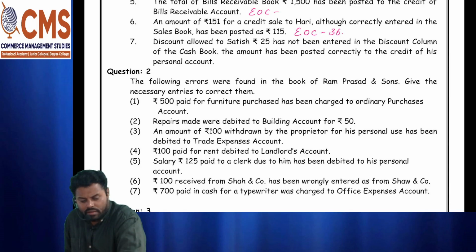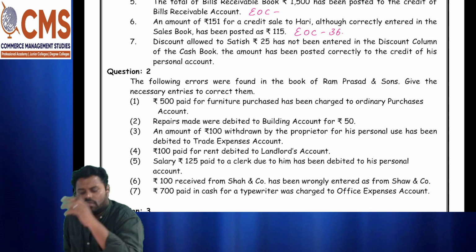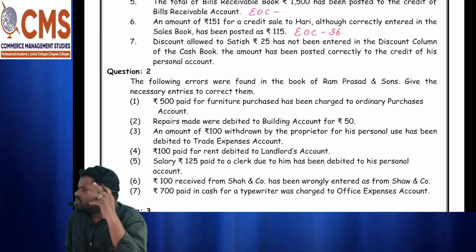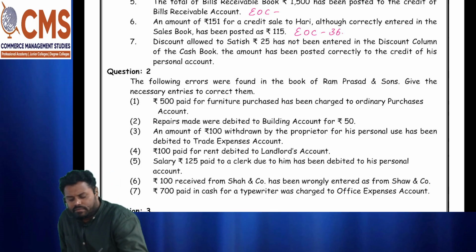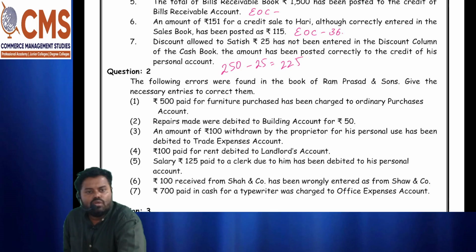Satish account is correct. Good, because they told us very clearly. What is the transaction here? Some cash is received. Obviously, you will enter this in a cash book with the discount column. Let's go with an example. Satish has to pay you an amount of 250. You offered him a discount of 25, so how much is received in cash? 225.